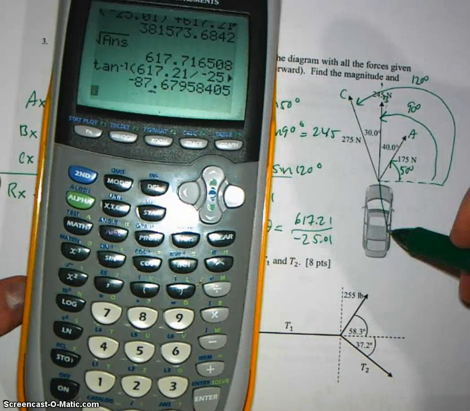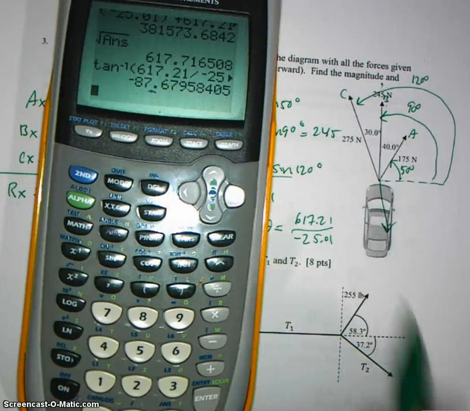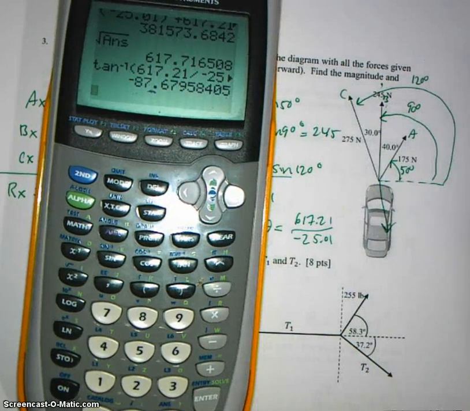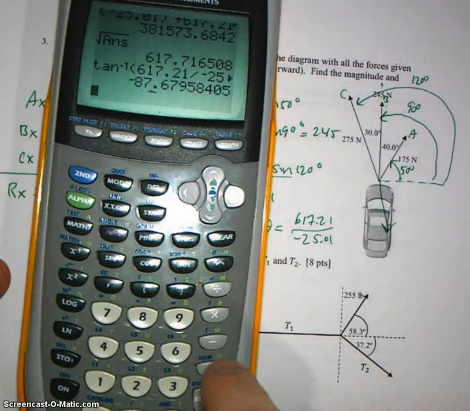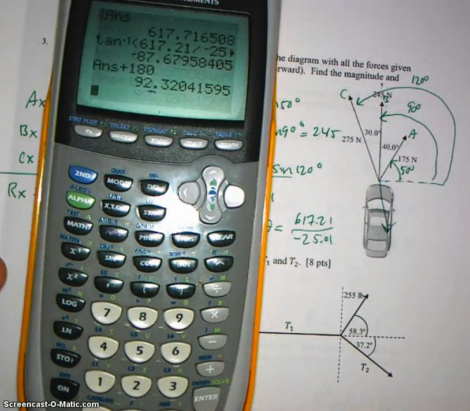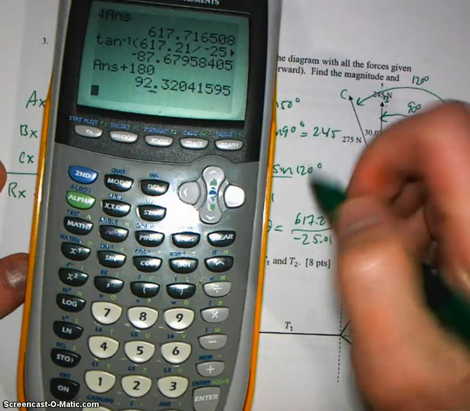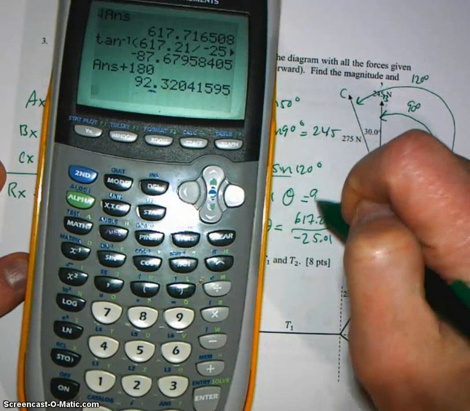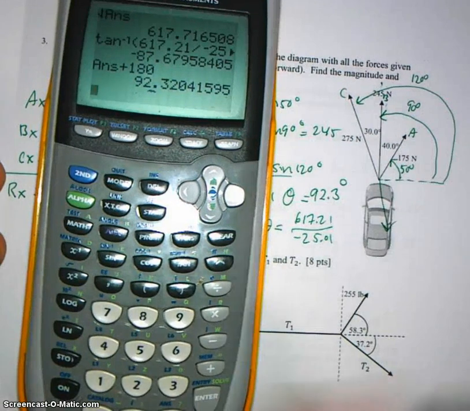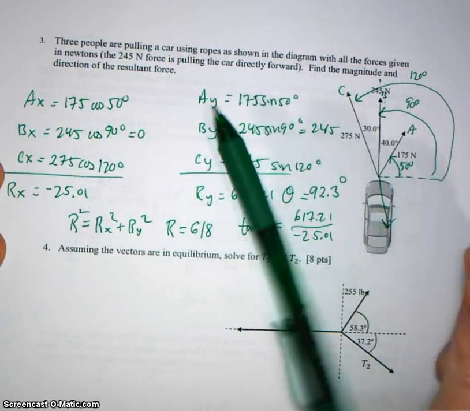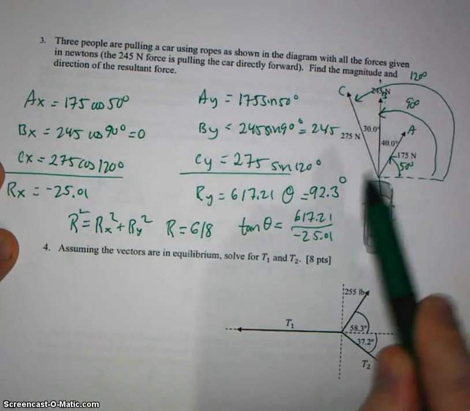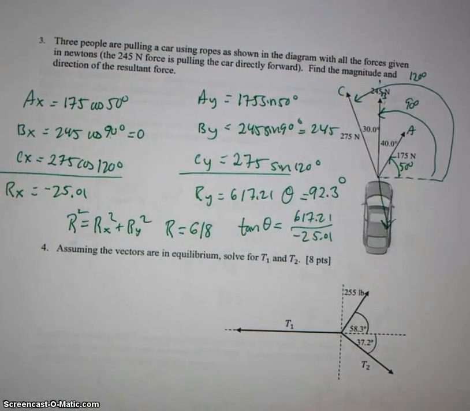Because that's down here in quadrant 4. Clearly our answer is up in either quadrant 1 or 2. So we need to add 180 degrees. So I'm going to call theta 92.3 degrees, since all of our given angles were given to 1 decimal point. I'll give that one to 1 decimal point.